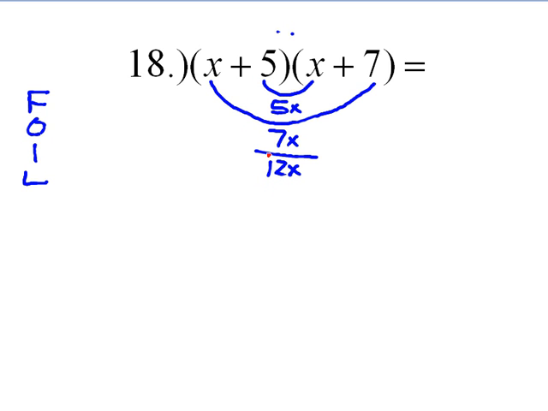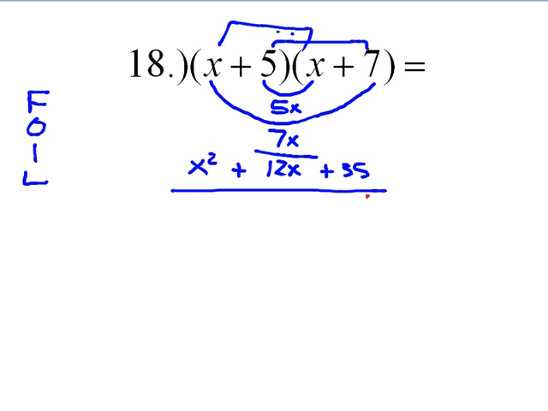of the trinomial resultant. I take my first terms, x squared, this is positive, and I take my last terms. 5 times 7 is 35.